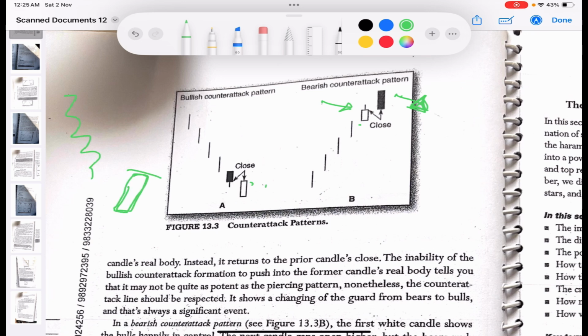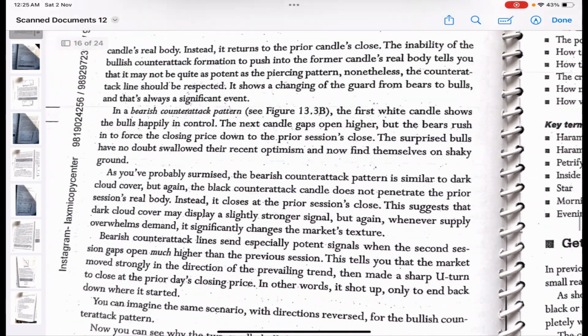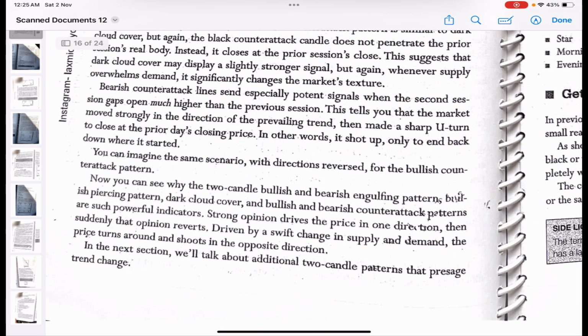So the closing of the green candle is at the closing of the red candle, which was prior. And in a bearish counter attack, what happens is that you have a red candle, and the closing of the red candle is right at the closing of the previous green candle. Okay, that is the bearish counter attack and the bullish counter attack.